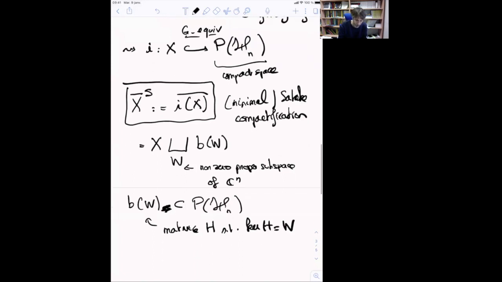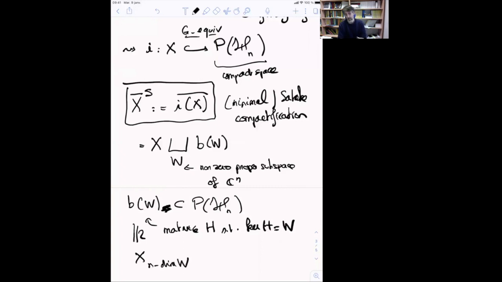In particular, the matrices here are positive definite on a subspace of dimension n minus the dimension of W. So this is isomorphic to the symmetric space associated to SL_{n minus dim W}.